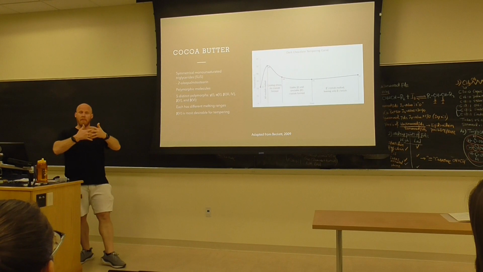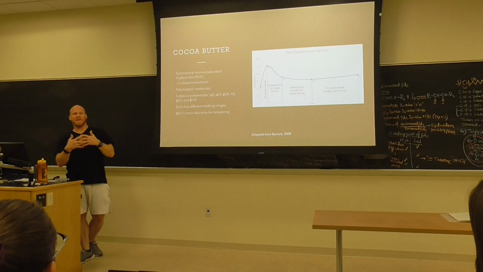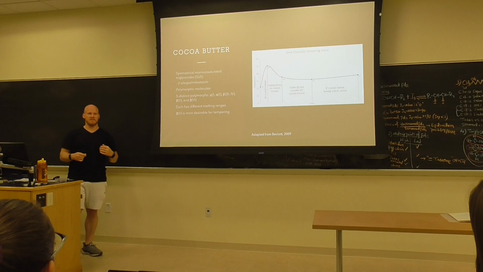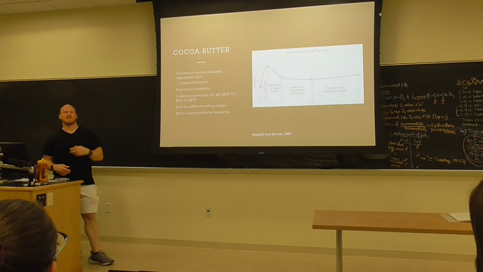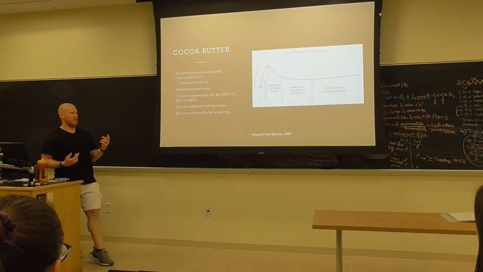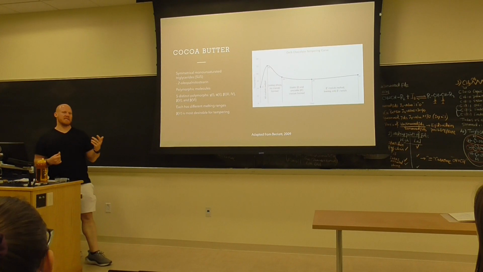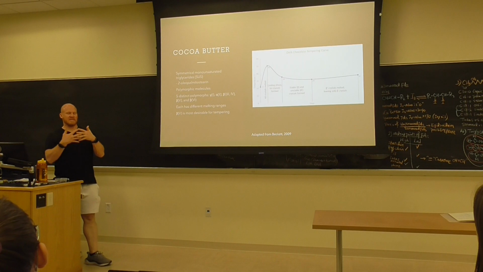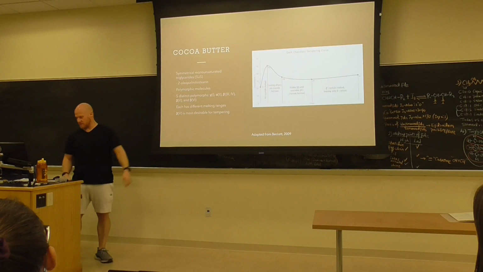They still migrate to beta 6, but bloom is unsightly. It does not look pretty, and it does not act the way we want it to in terms of chefs or chocolatiers. That doesn't happen if you organize most of the crystals into beta 5.